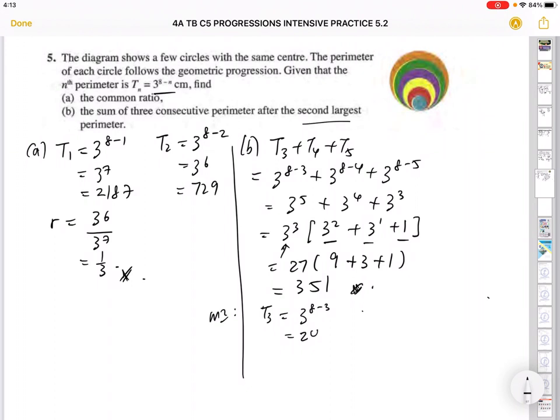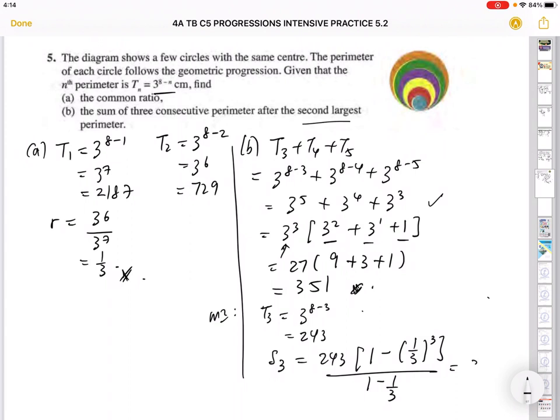And S3, because I'm finding the sum of the next 3 terms, will be 243(1 minus 1 over 3 power 3) over 1 minus 1 over 3. I know some people say this is easier. I'm just writing more steps for you, because you can actually count faster than this. Anyhow, this answer is also 351.